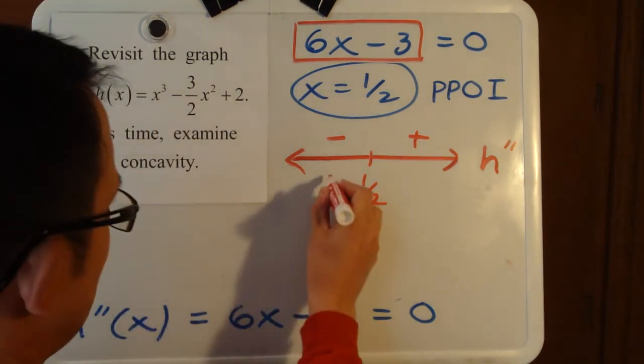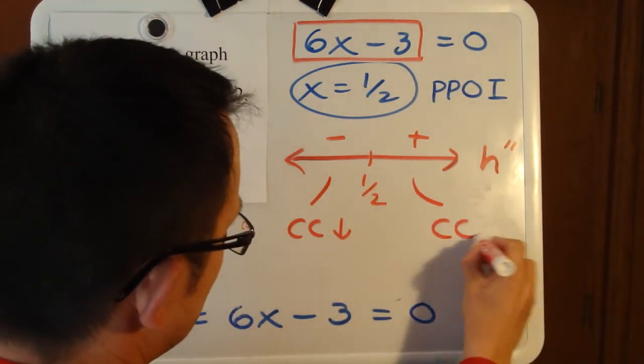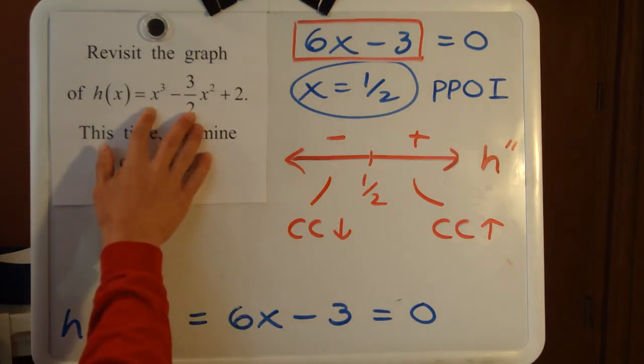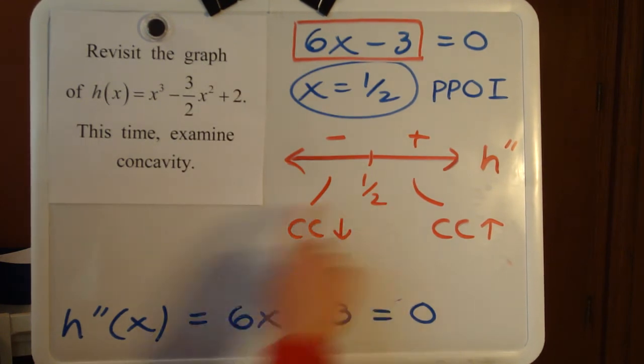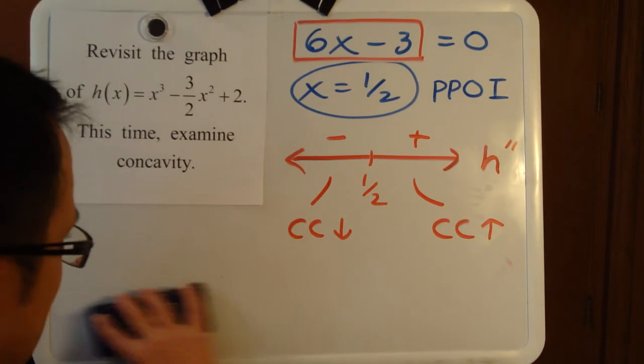I'm just going to label it here: we have concave downward here, and here we have concave upward. It's customary to write these in interval notation, and because this is a polynomial and a nice smooth function, this will most certainly be an inflection point, because we have that nice smooth change in concavity. I'll summarize by writing down this information.